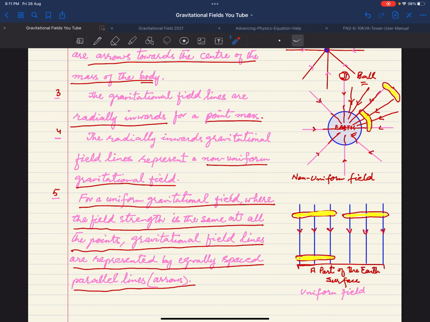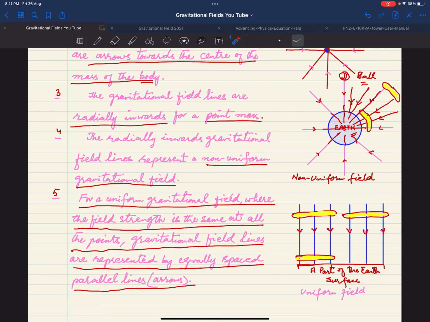But when the field is non-uniform, the field lines will be radially inwards. These are a few points we have to remember, and inshallah we will continue with this discussion.